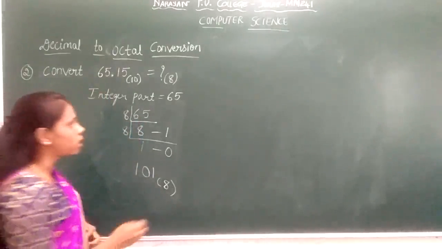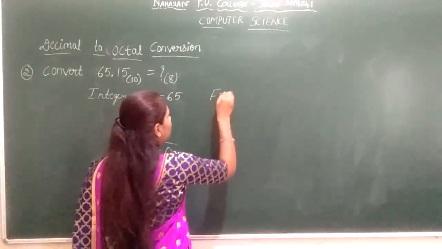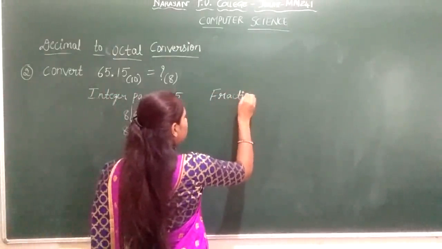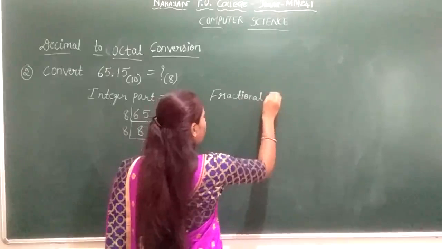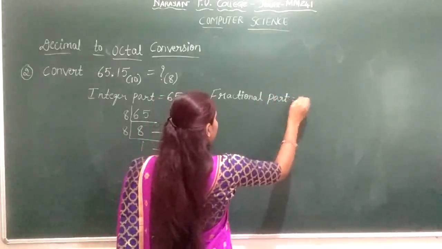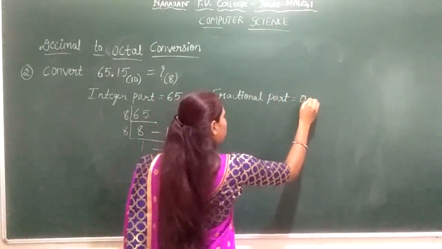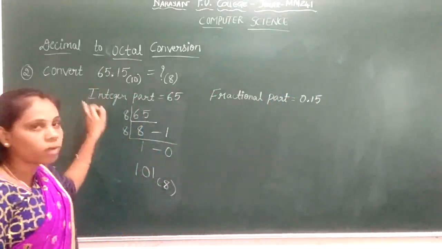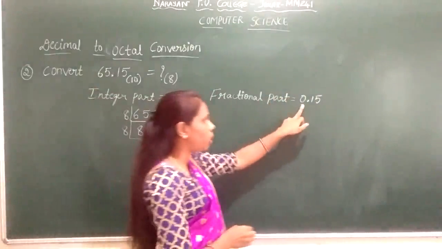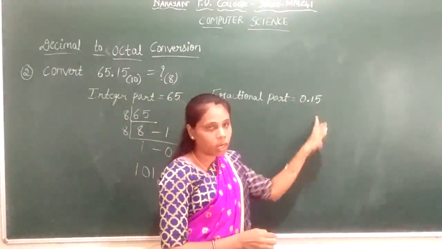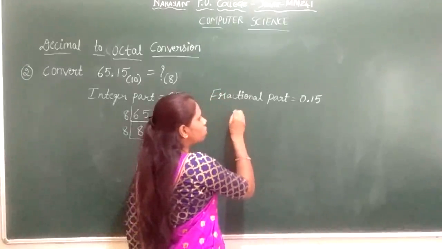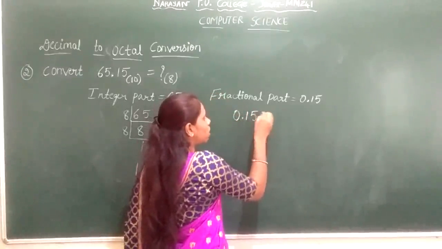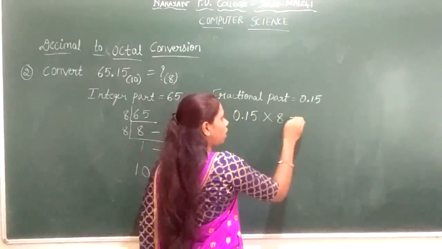Next, take the fractional part separately. I have taken 65 separately, and the remaining thing is 0.15. It is the fractional part. Now you should multiply this fractional part by 8.